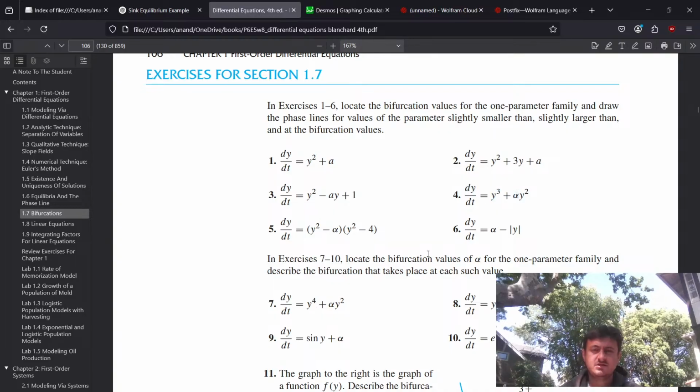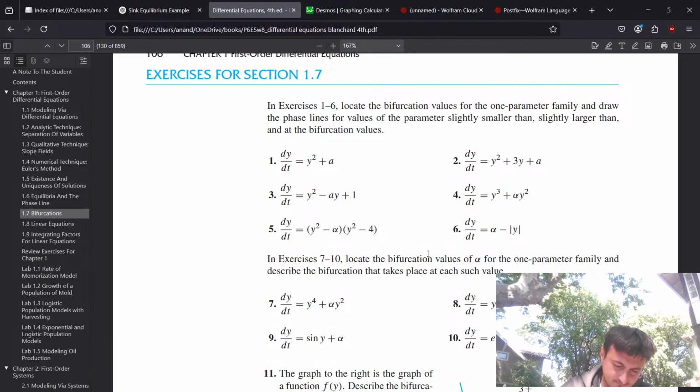Okay, next problem. So we have y squared minus a, y squared minus 4. Okay, so we are... Wow.